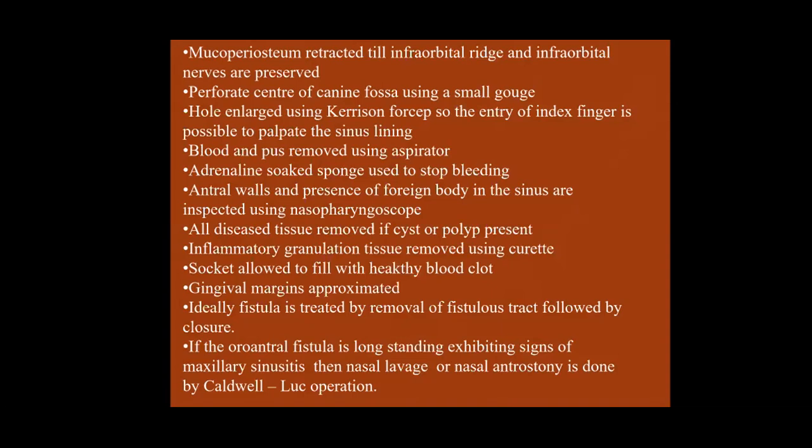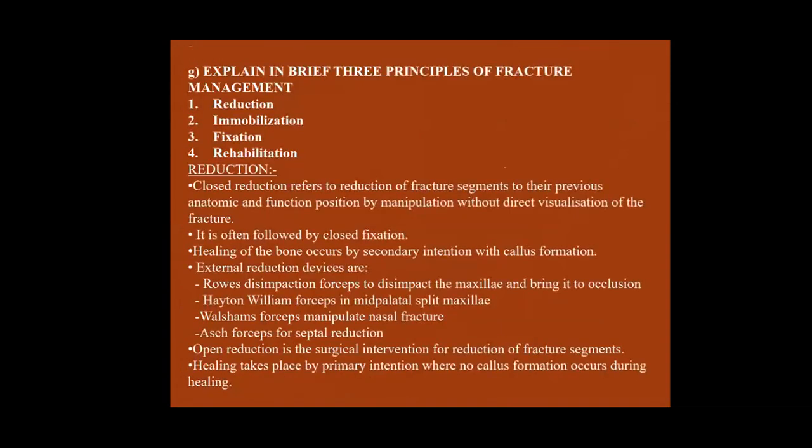Gingival margins are approximated. A special note here: ideally the fistula is treated by removal of the fistulous tract followed by closure. If the oroantral fistula is long-standing, exhibiting signs of chronic maxillary sinusitis, then nasal lavage or nasal antrostomy is done by the Caldwell-Luc operation.